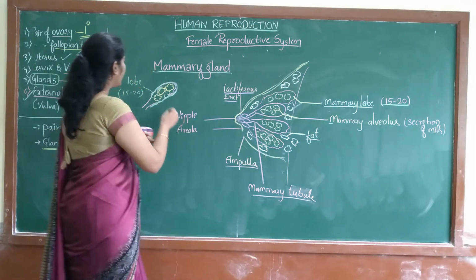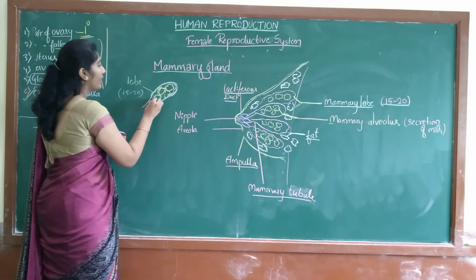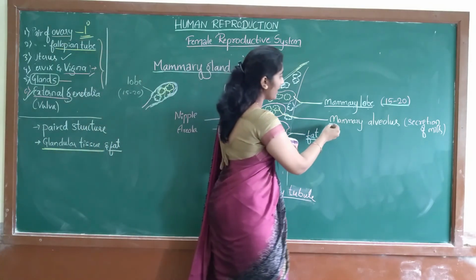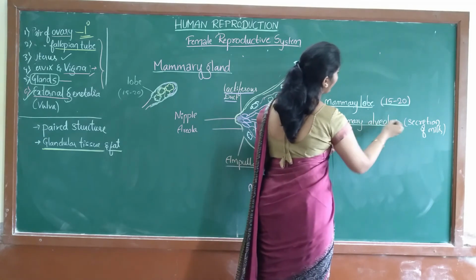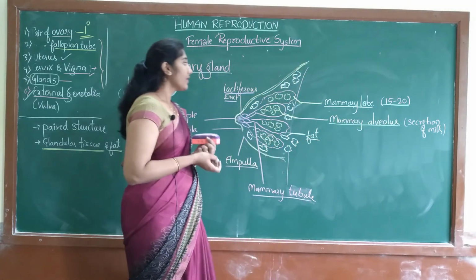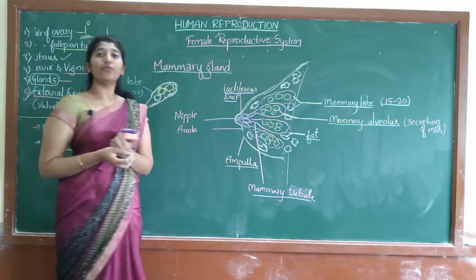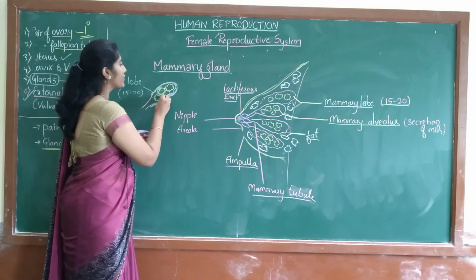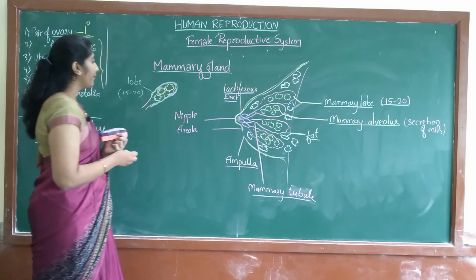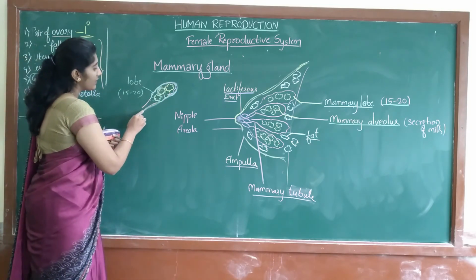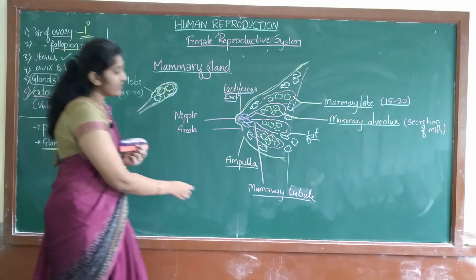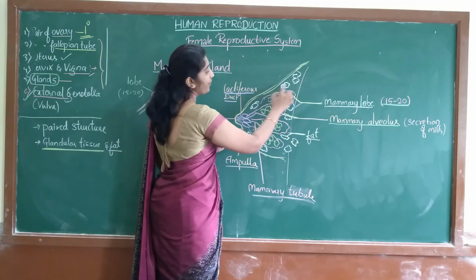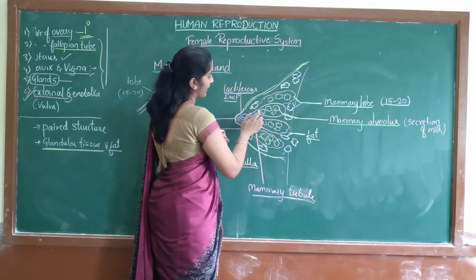Now, they consist of small sac-like structures called mammary alveoli or alveolus. These are responsible for the production of milk, which is stored in the alveolar lumen, and this is the duct called the mammary tubule. All the ducts coming from all the lobes are collected.